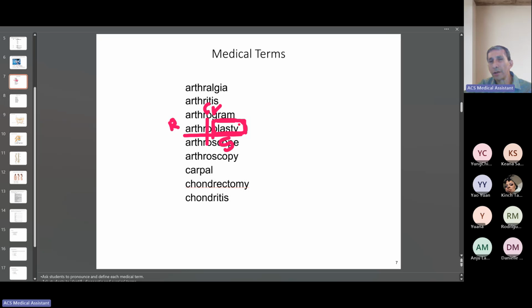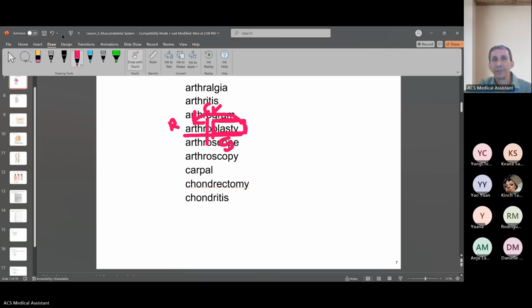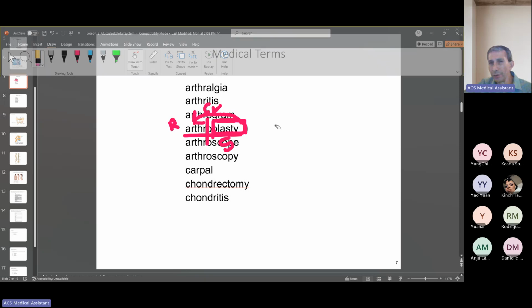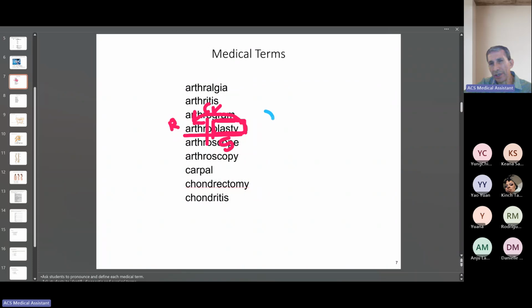So we are surgically repairing. What are we repairing surgically? The joints. If you have rhinoplasty, see, rhino means nose, but it's plasty, so that is surgical repair of the nose.